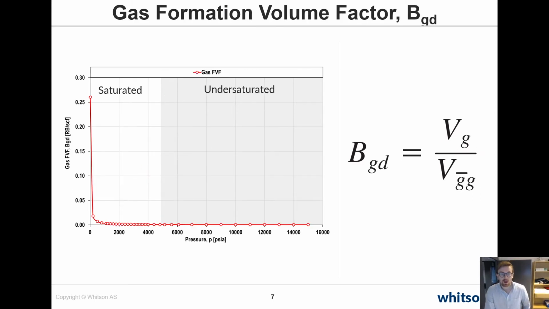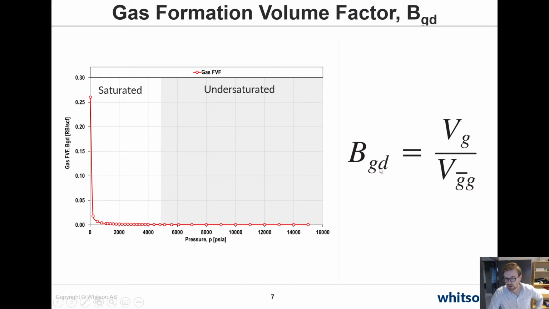Going over to the gas side, we're typically talking about a so-called gas formation volume factor, BGD. In many places you don't see the D at the end, and that stands for dry gas formation volume factor.